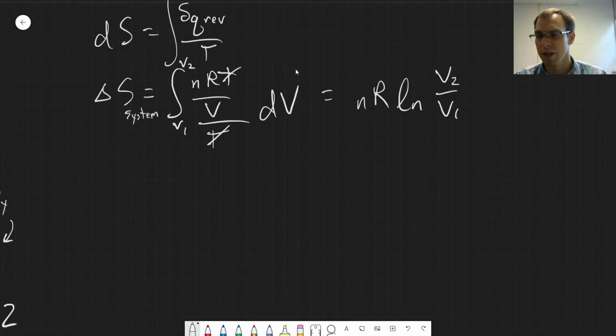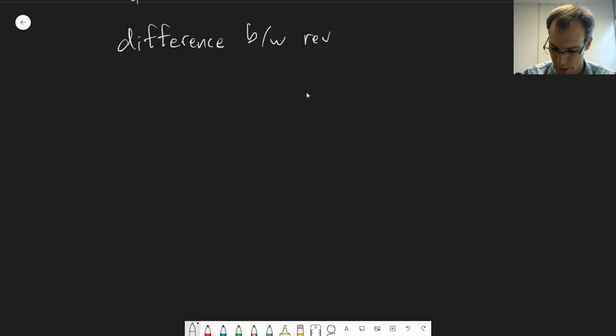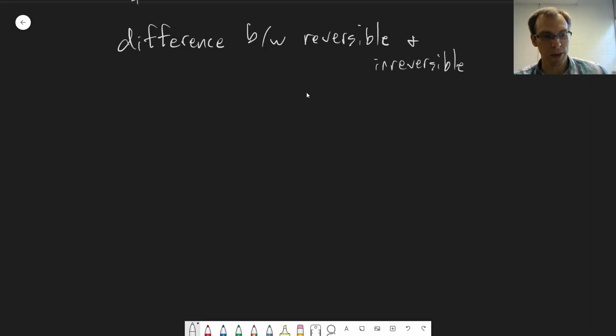So what's the difference between the reversible and the irreversible case? Because entropy is a state function, we will get the same delta S whether it's done reversibly or irreversibly. The key difference is what happens with the surroundings.